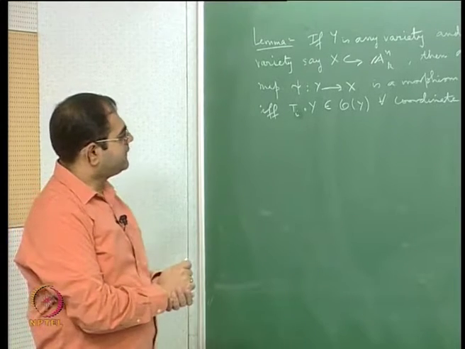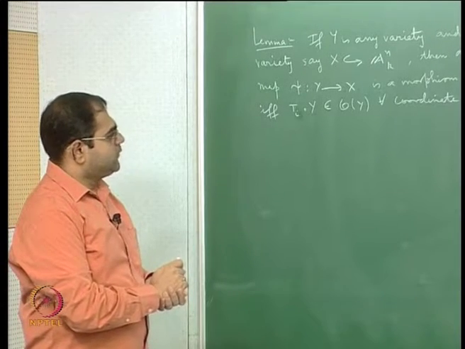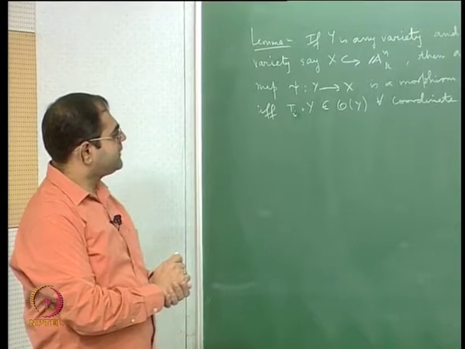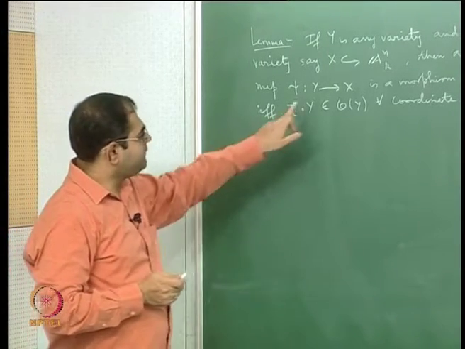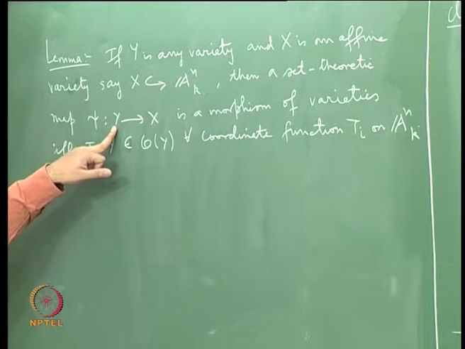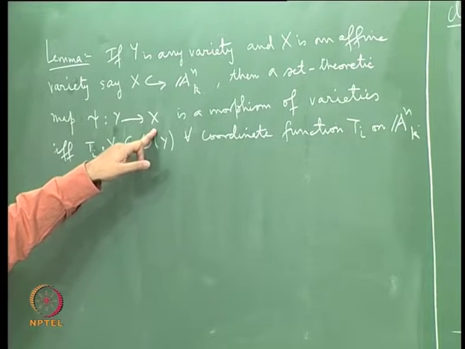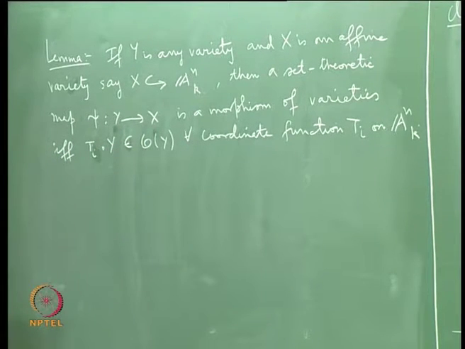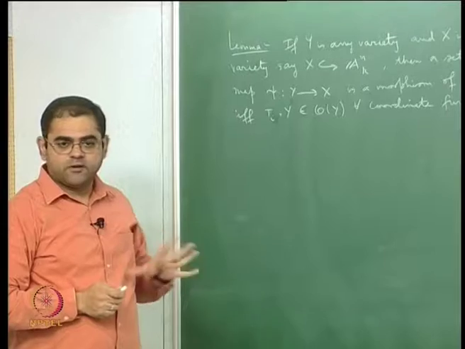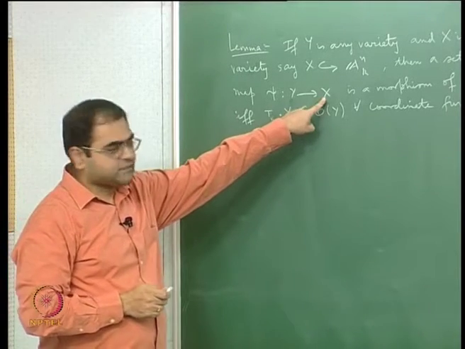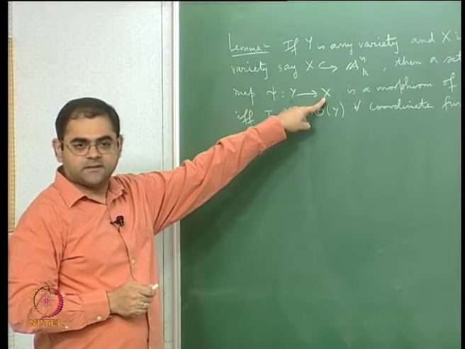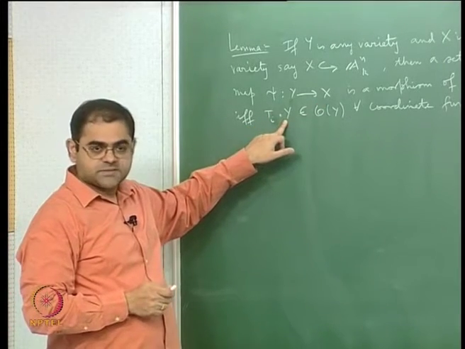And so all it's saying is that, from any variety which may be affine or not affine, if you have a set theoretic map into an affine variety, to check that it is a morphism of varieties, all you have to do is compose it with the coordinate projections.